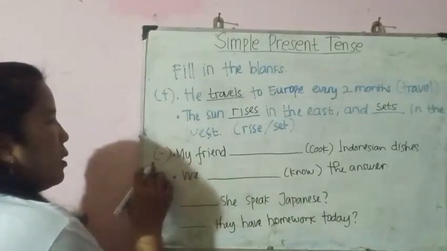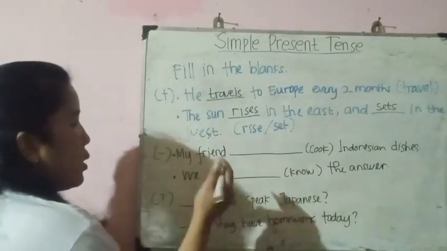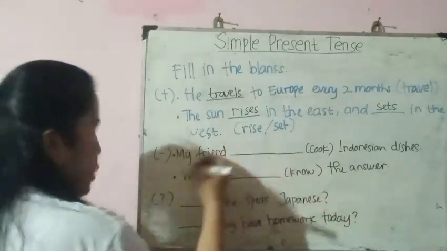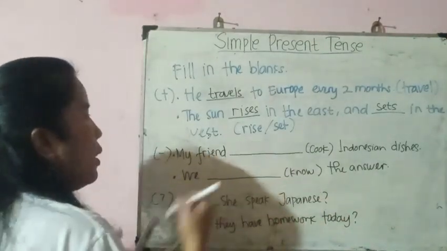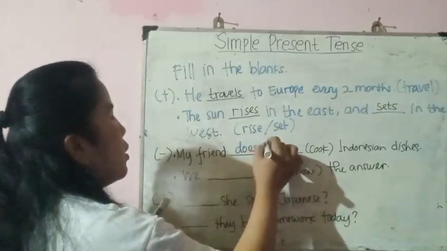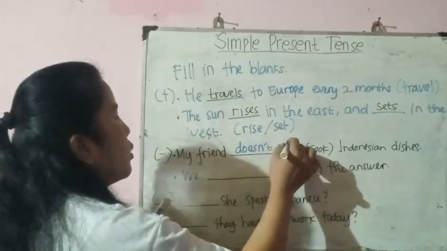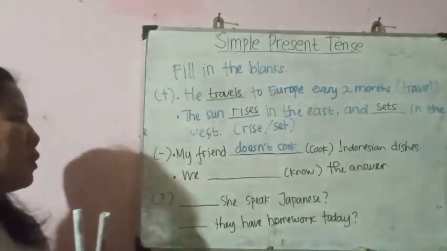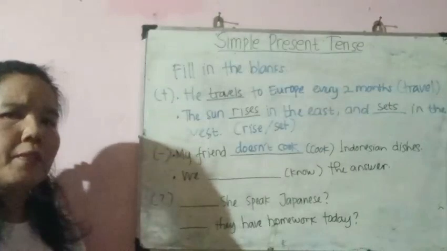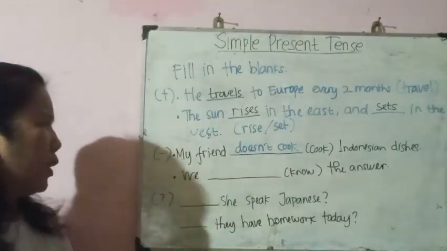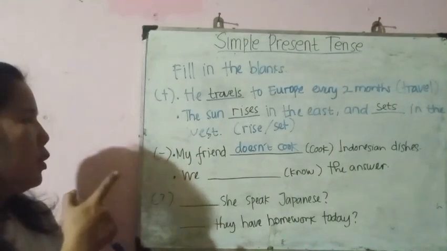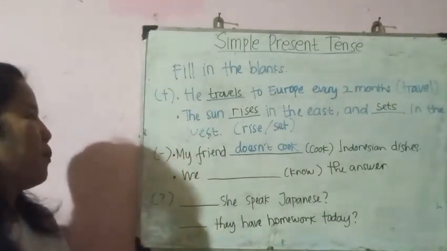Don't forget this is a negative form sentence, and because the subject is my friend, the answer is doesn't cook. My friend doesn't cook Indonesian dishes. Maybe every day, every week, or we can add usually: my friend doesn't usually cook Indonesian dishes.